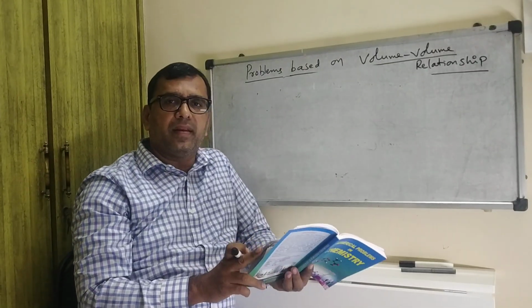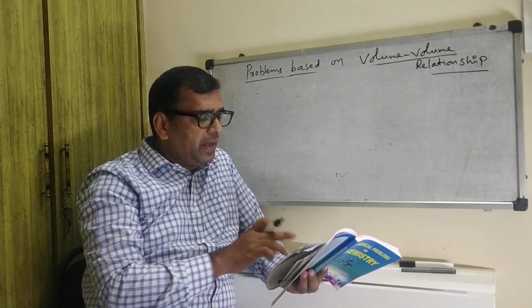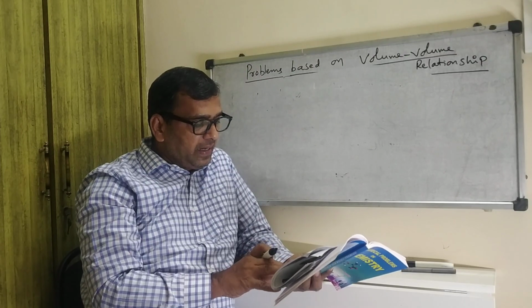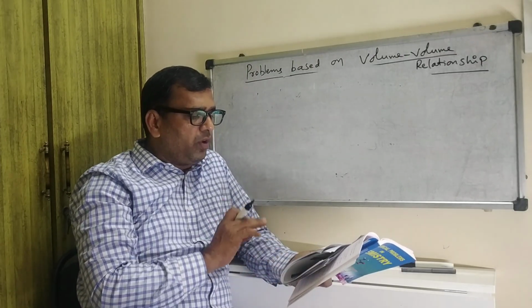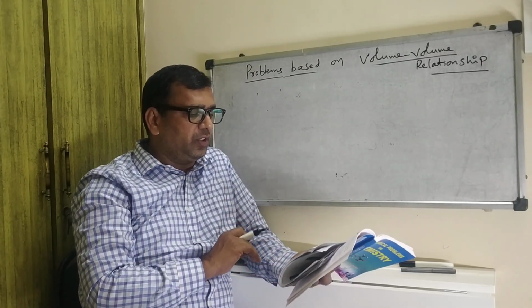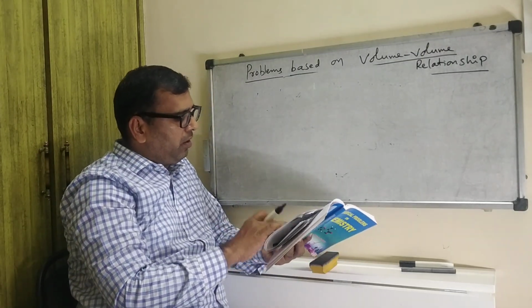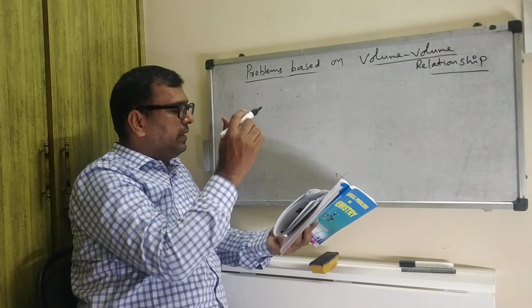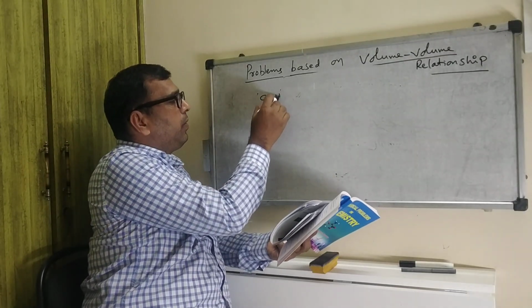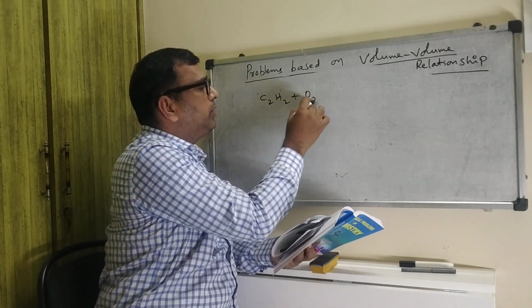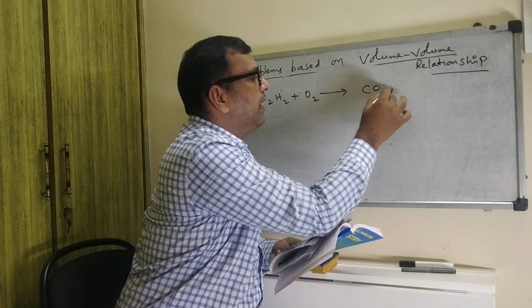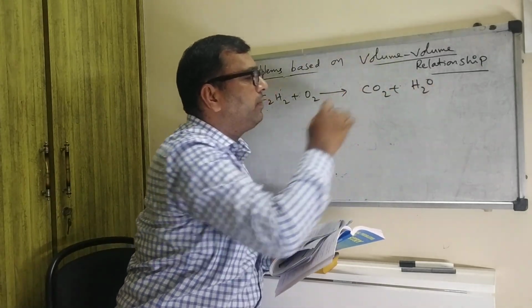Next problem: calculate the volume of oxygen for acetylene gas, C2H2 plus O2, naturally we will get carbon dioxide and water, as I told.